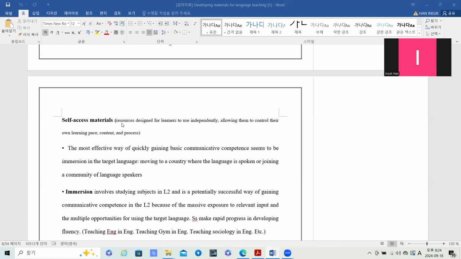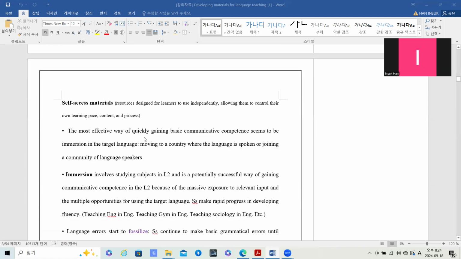So this concept means resources designed for learners to use independently, allowing them to control their own learning pace, content, and process. So self-access materials is a very, very broad concept. Any materials that can activate students' autonomous language learning can mean self-access materials.